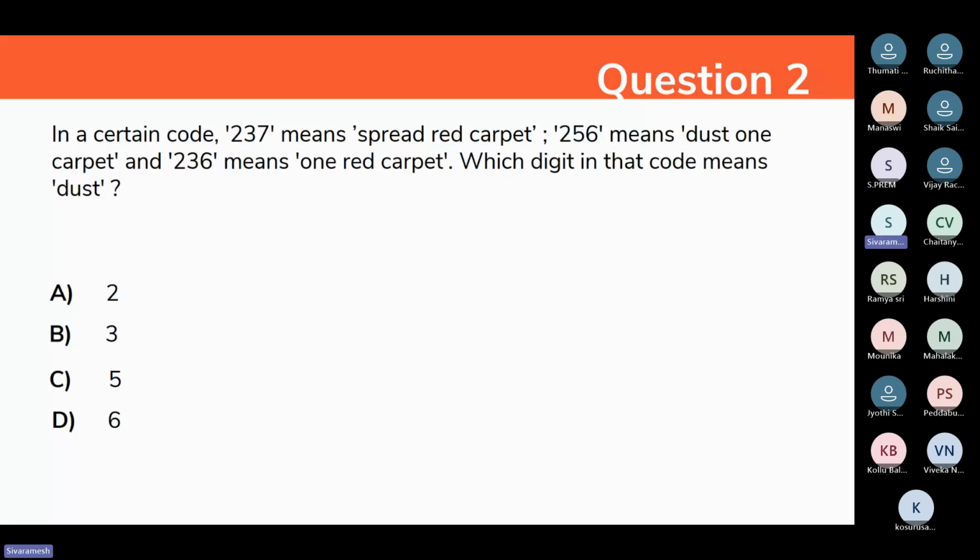Six, sir. Okay, you are saying that it is 6. Can you try it again? I think it's not 6, but we'll see. Just cross check it once.